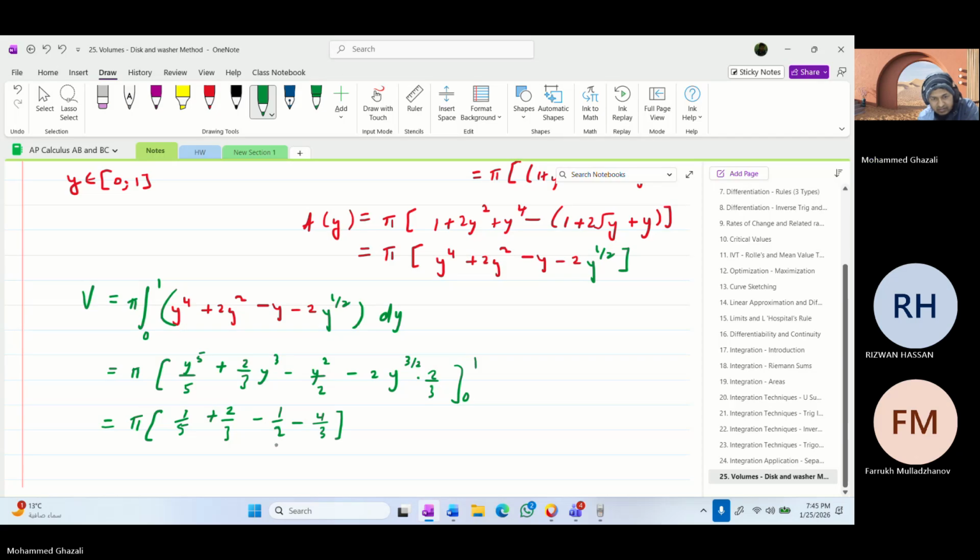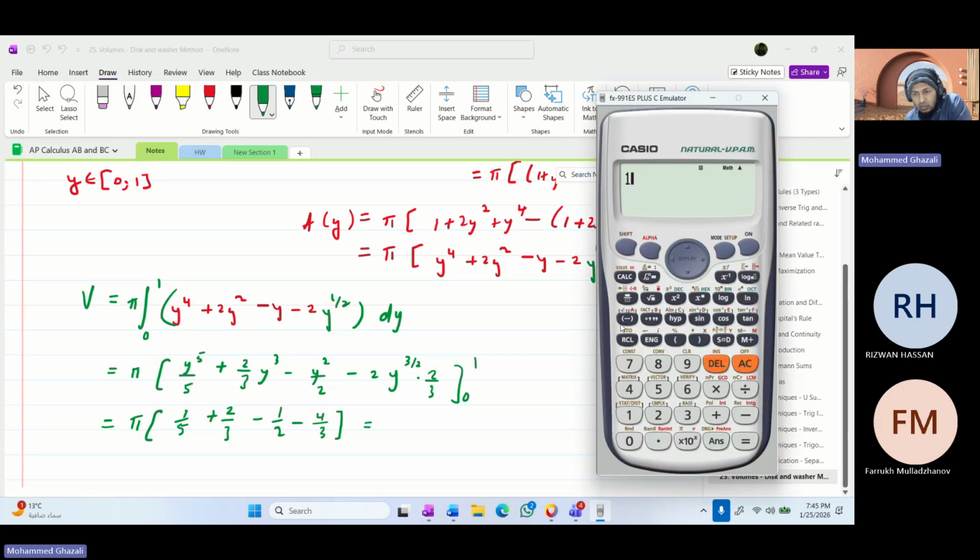Just put all this in the calculator and you should get the answer. 1 over 5 plus 2/3, minus half, minus 4 over 3. I don't know how we're getting negative. We're getting negative 29 over 30.